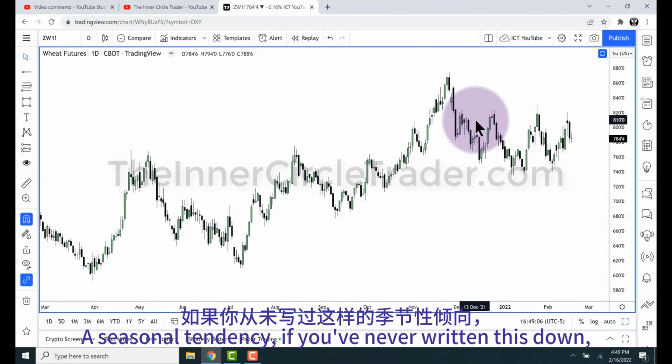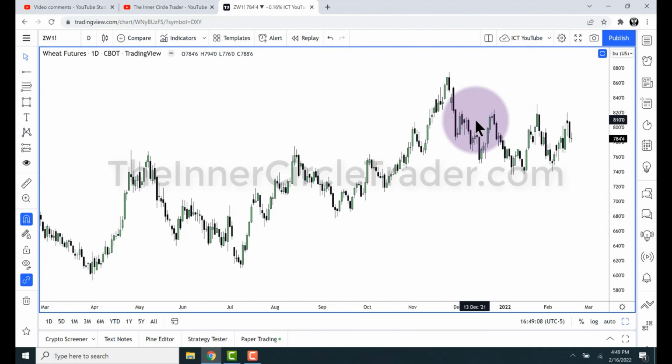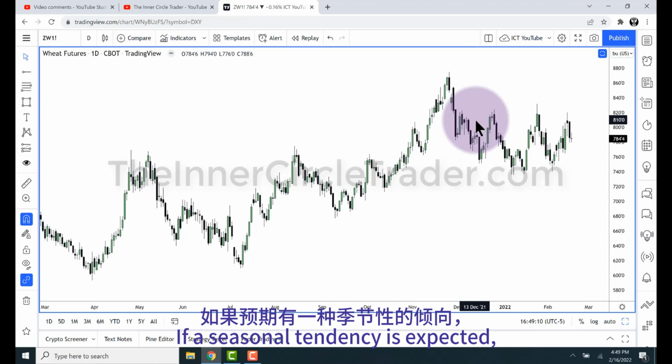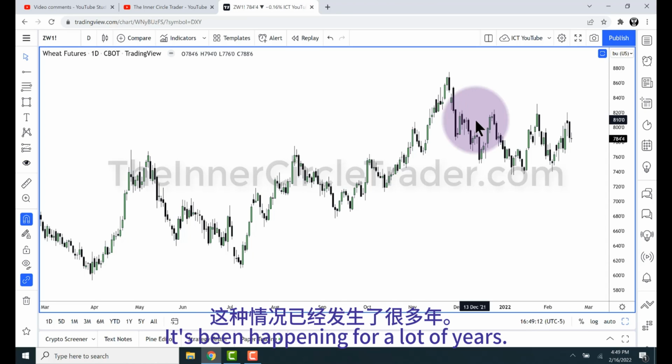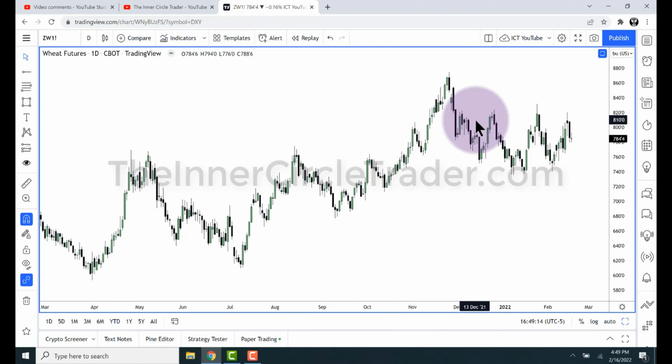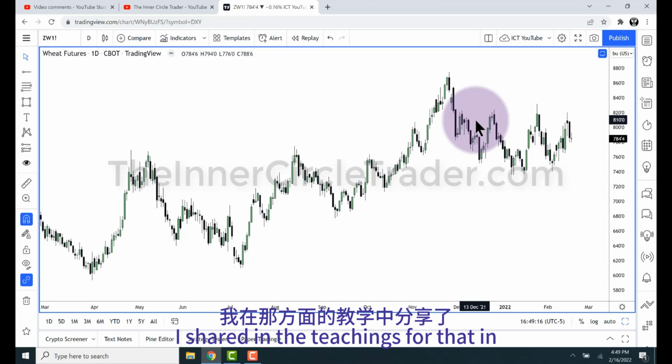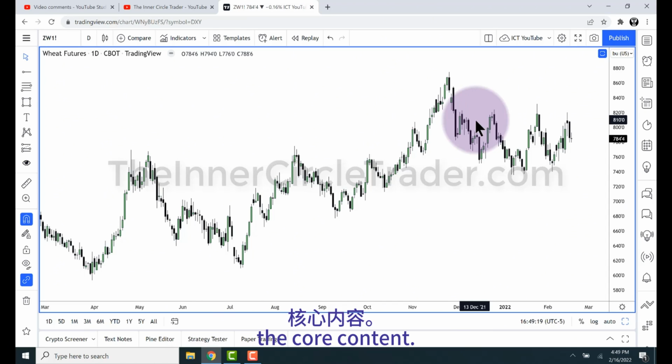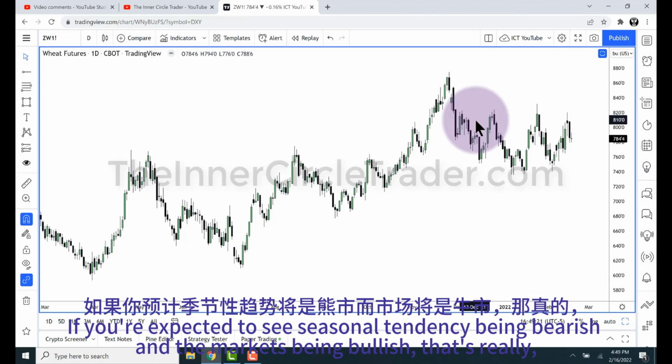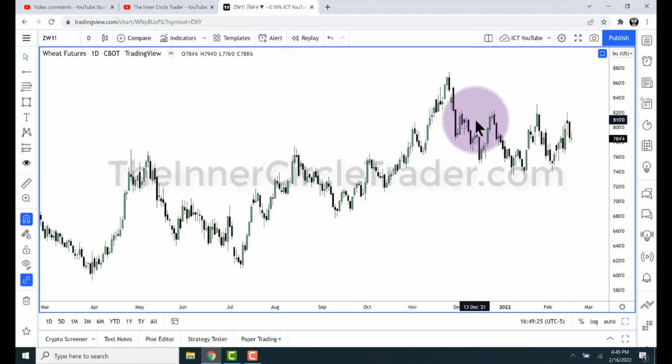A seasonal tendency, if you've never written this down, I've mentioned it before: if it's a strong one that's been happening for a lot of years, and you can use the seasonal tendency charts I shared in the core content, and you're expected to see a bearish seasonal tendency but the market's bullish, that's really, really bullish.